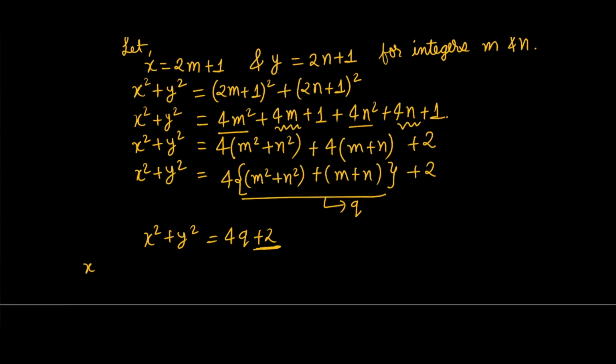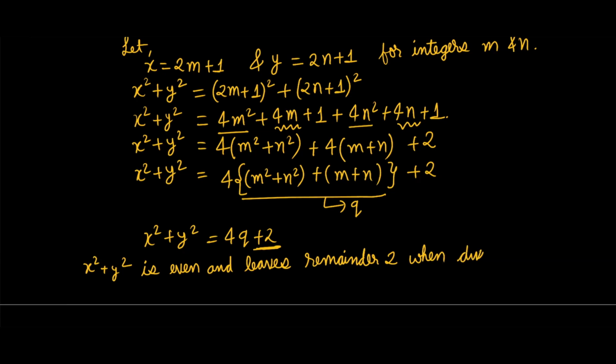So we will write here x square plus y square is even and leaves a remainder 2 when divided by 4.